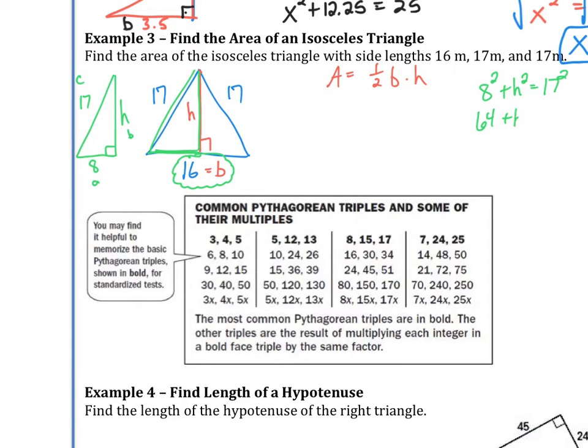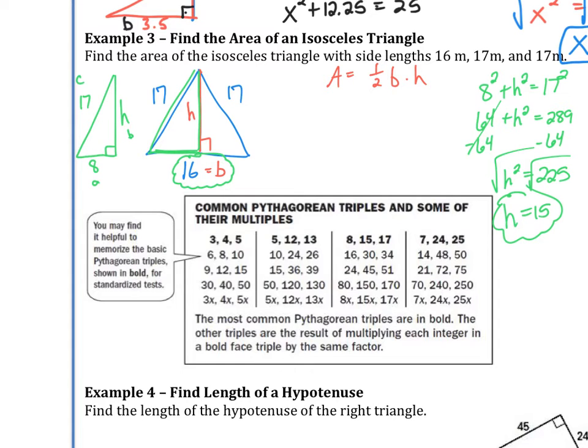So we get 64 plus H squared equals 289, and we would minus the 64 to get H squared equals 289 minus 64, which is 225. Take the square root to get H equals 15.